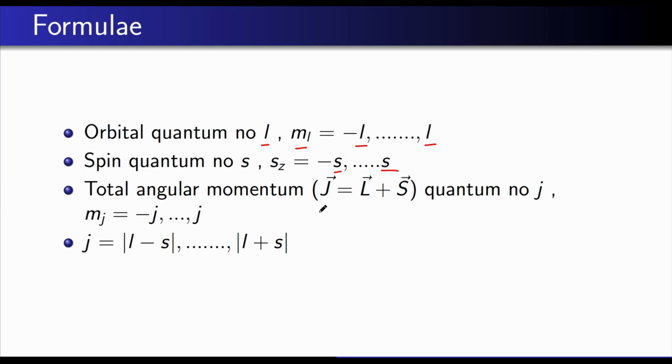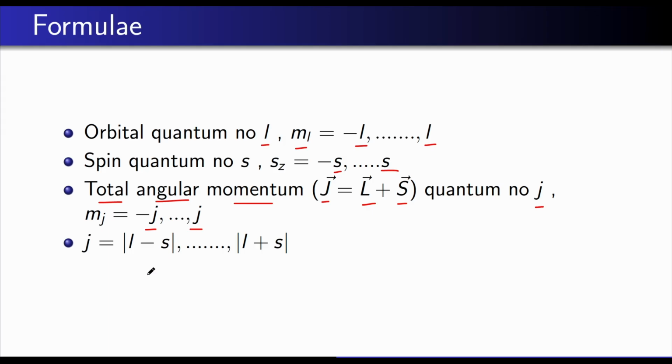Then we have the concept of total angular momentum J, a vector. This is a semi-classical approach. So J is equal to L vector plus S vector. J is also an angular momentum, and it is given by the quantum number J, and the component of J along any particular direction can take the values minus J to plus J in steps of 1.